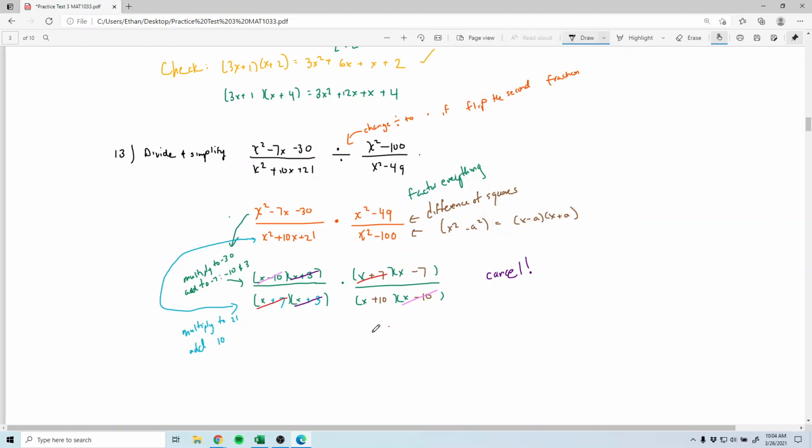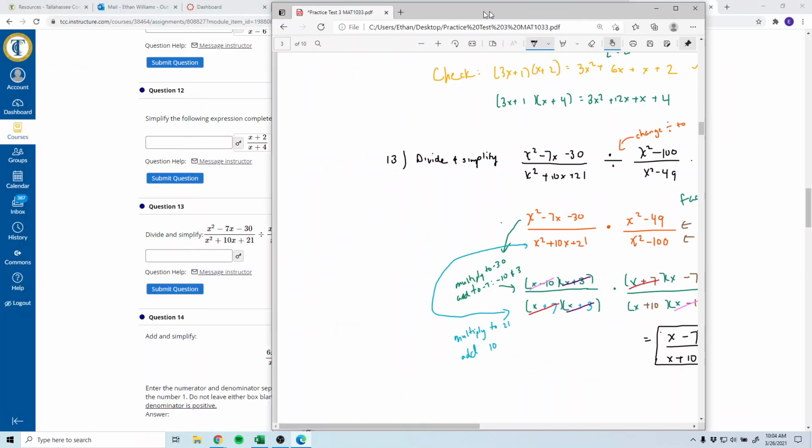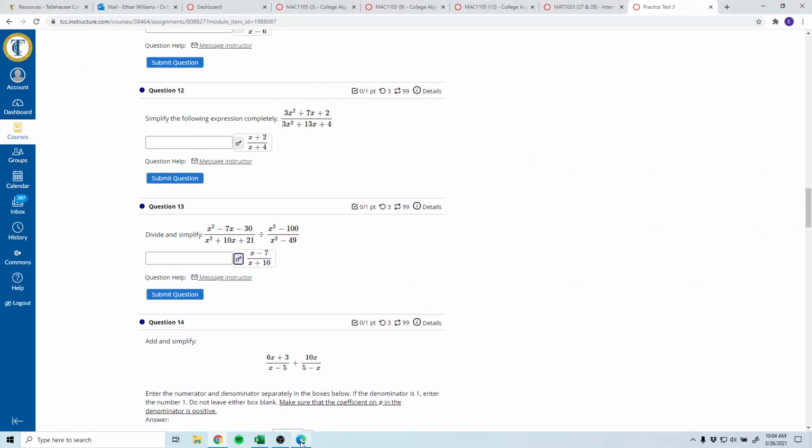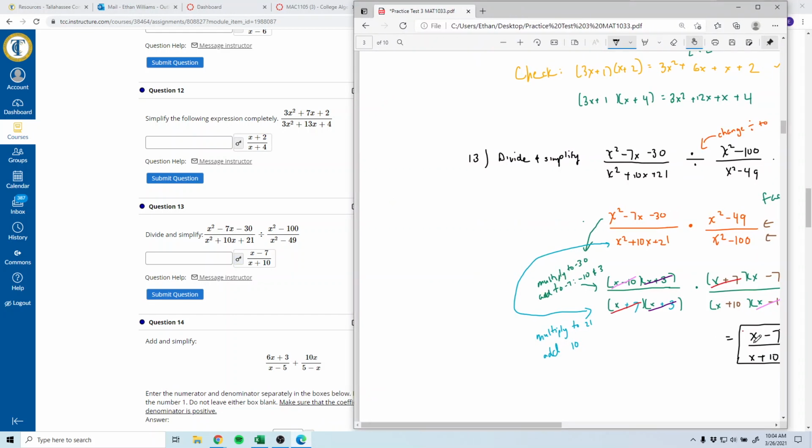No, in fact, it came all the way down. We only have one thing on the top left, which is x minus 7, and one thing on the bottom left, which is x plus 10. And go ahead and check that that works. There we go. X minus 7 over x plus 10.